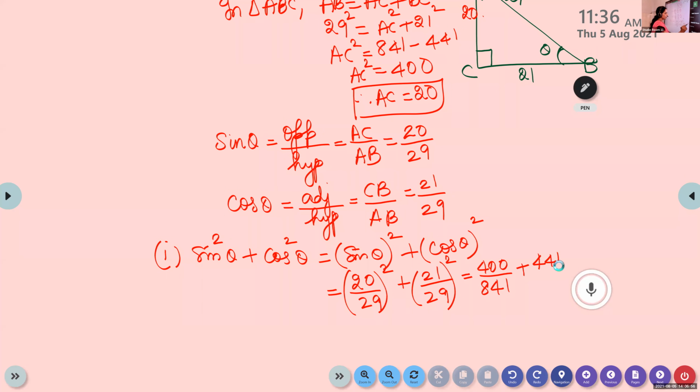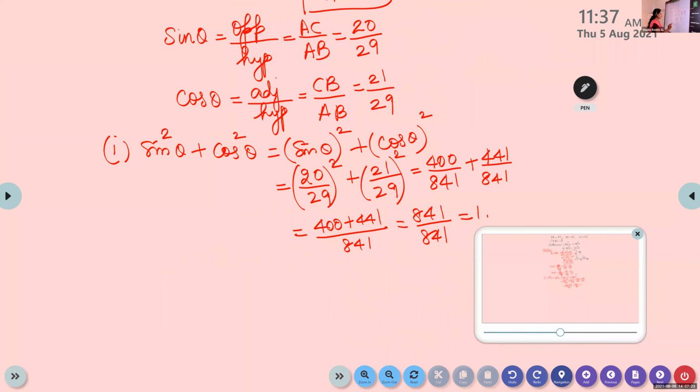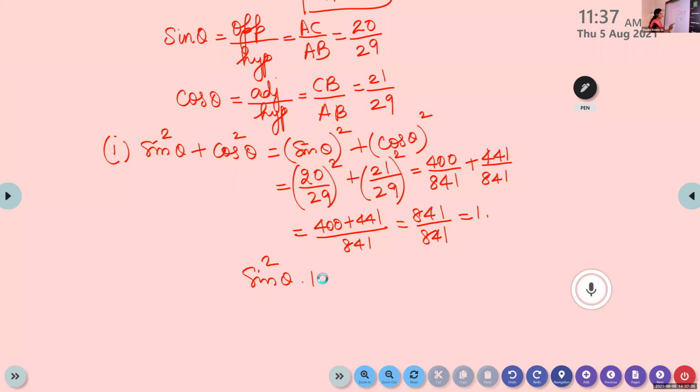Plus 21 square is 441 by 841. Now the denominator is the same, so we can add the numerators: 400 plus 441 is 841 by 841, which is equal to 1. Therefore, sine square theta plus cos square theta is equal to 1.